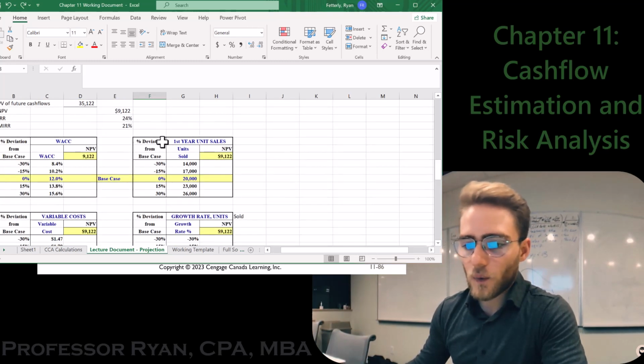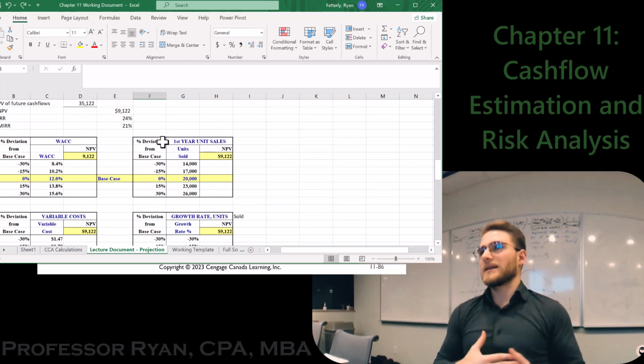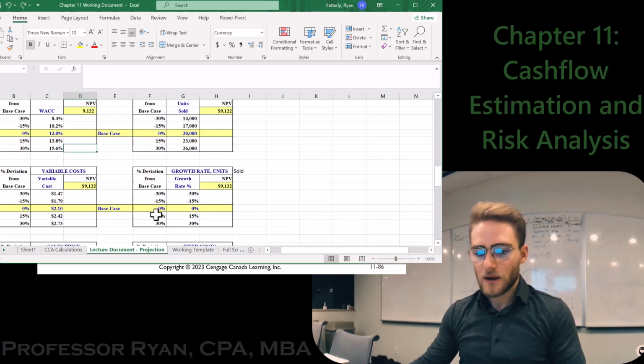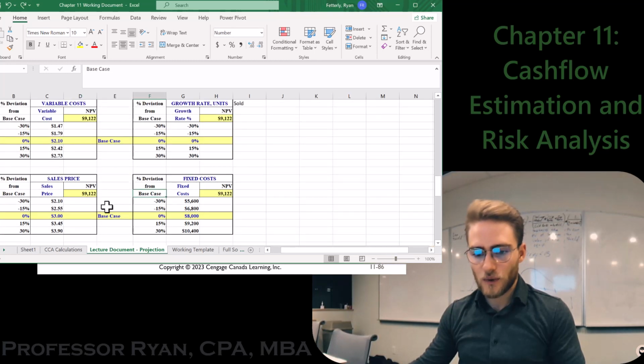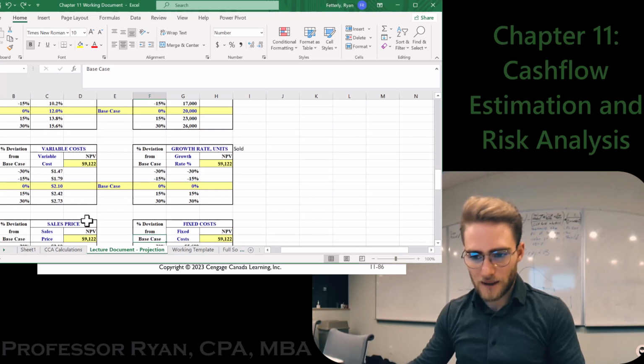So if you ever want to know, like, that graph where the lines show, say, a 30% decrease in my weighted average cost of capital, what's the impact, right? Let's do a really impactful one. Let's do variable cost, maybe.